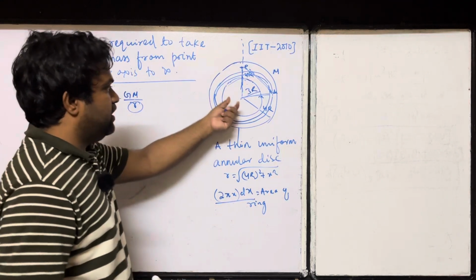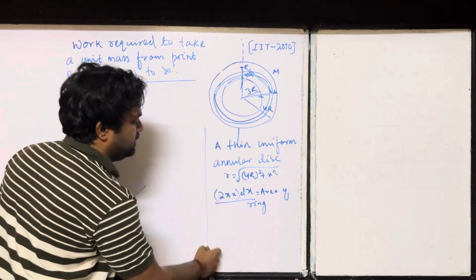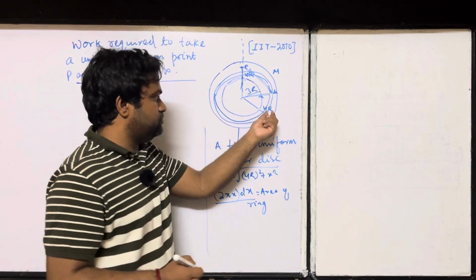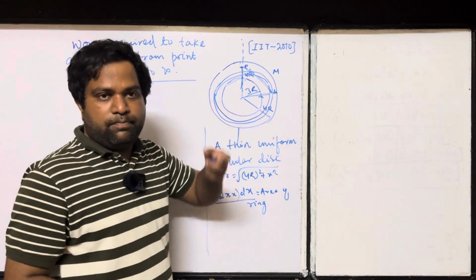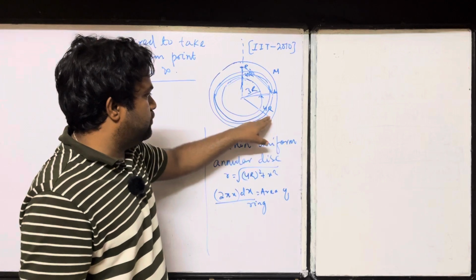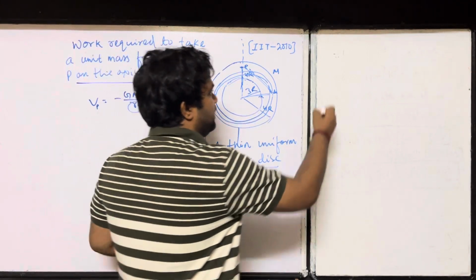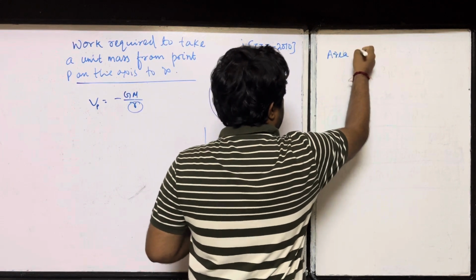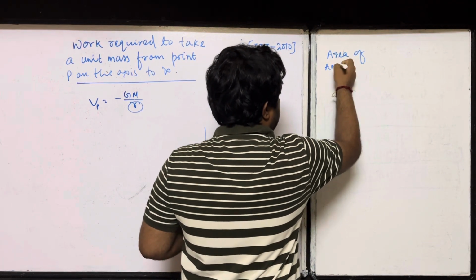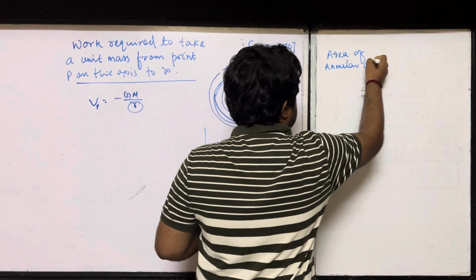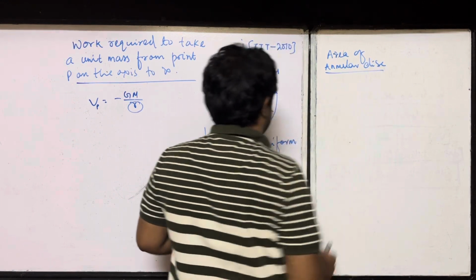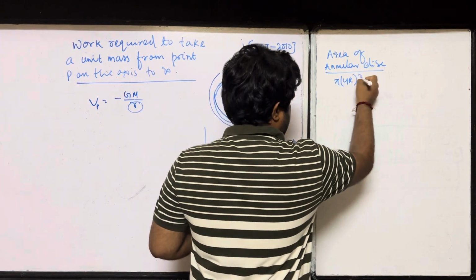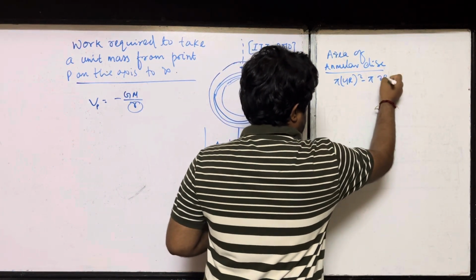Now what is the area of the disc? The area of the annular disc is pi (4r) square minus pi (3r) square.